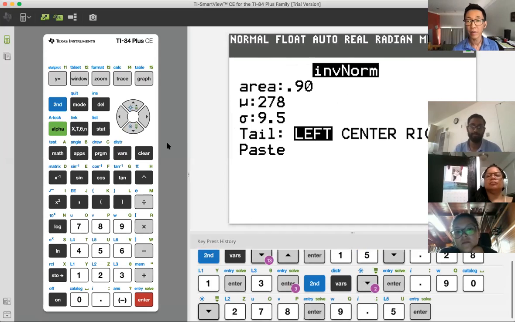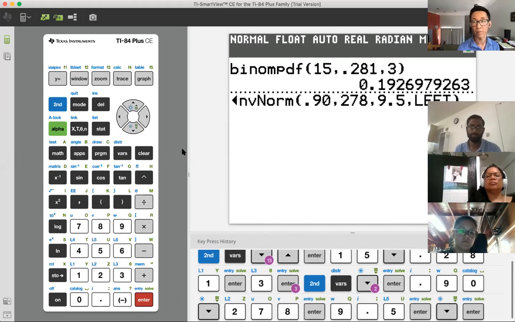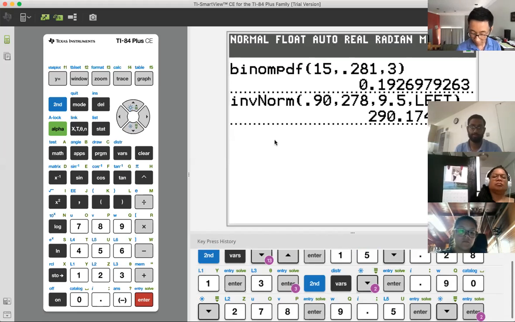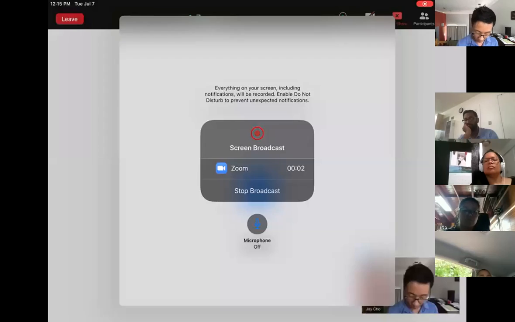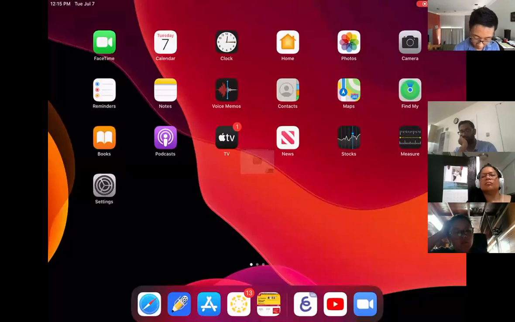I picked left because my graph was going toward the left, so this is the area to the left. And it's 290 days. So now I have an idea of where to draw the line. That's 290 days.